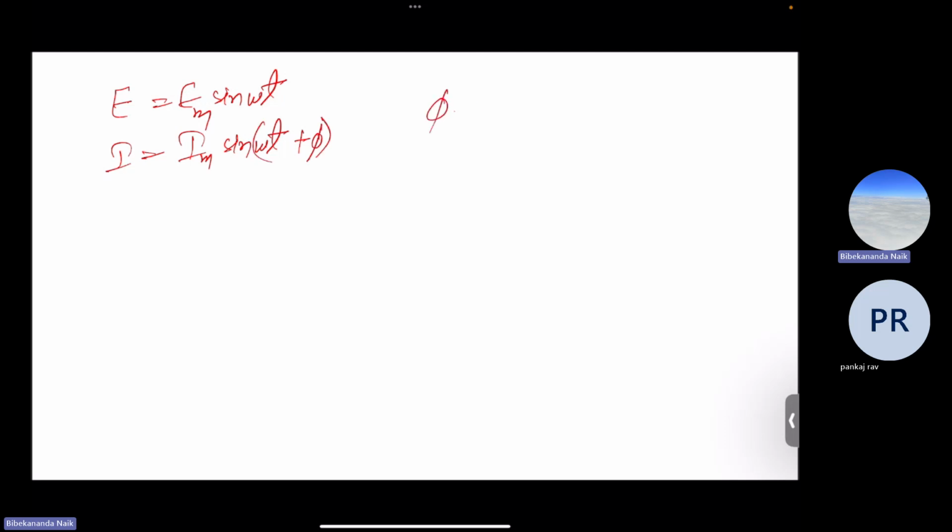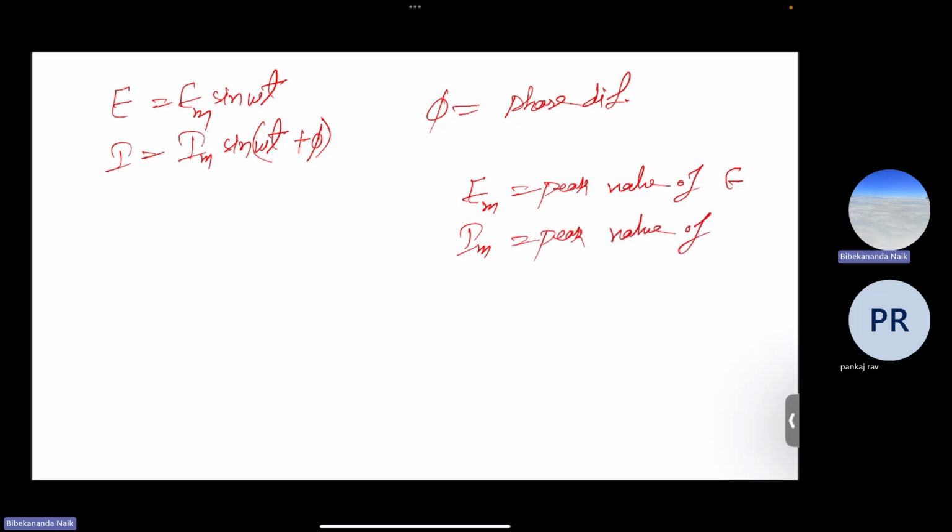Here phi is the phase difference, Em is the peak value of E and Im is the peak value of I.